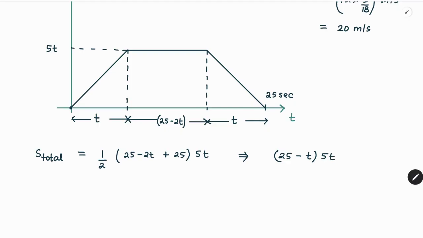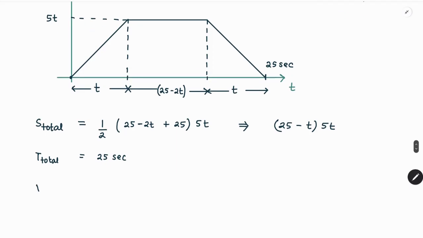This becomes the total displacement, and we have a time interval of 25 seconds. Hence the average velocity expression, which is equal to 20 meter per second, is equal to total displacement, 25 minus t times 5t, divided by 25.